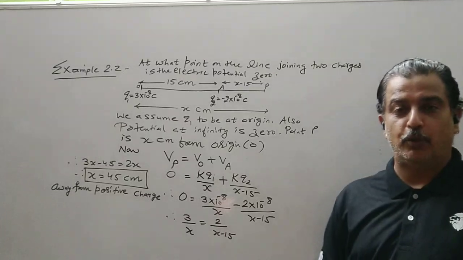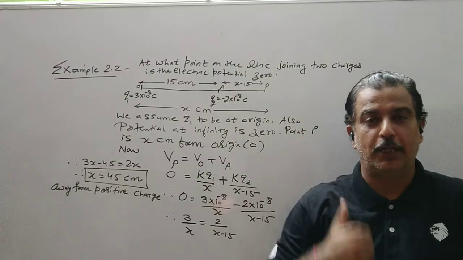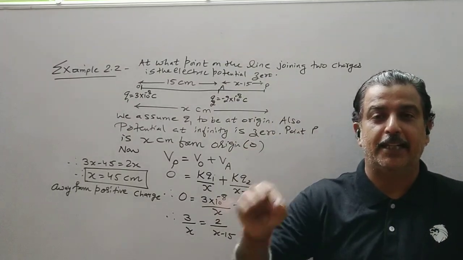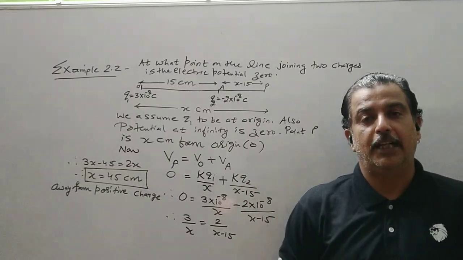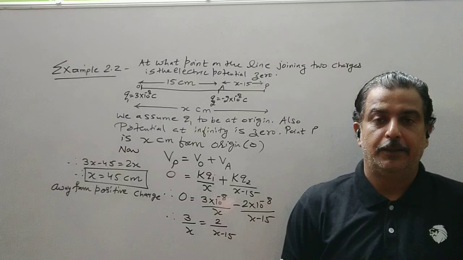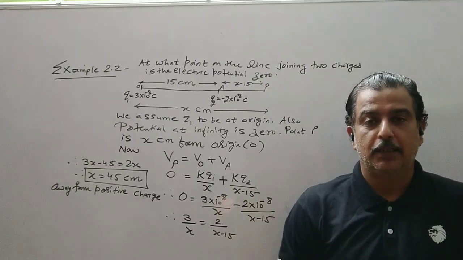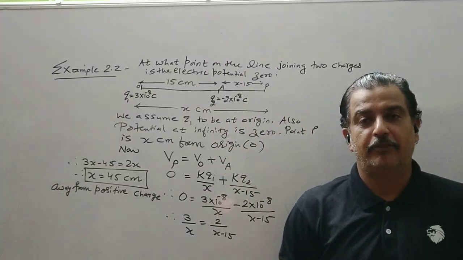What is potential? Potential is the work done to move a unit positive charge from infinity to that point. To find the potential, first we need to find the intensity at that point, then we integrate that electric field intensity. So if there is electric field intensity at a point, that much work we do against the field.